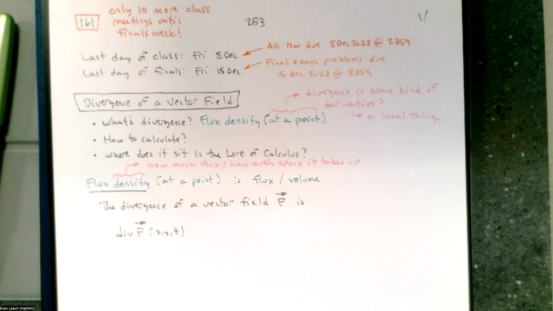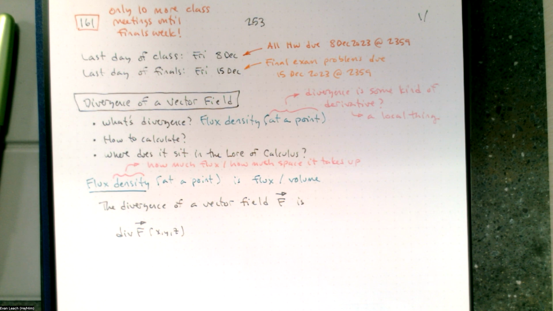So the divergence of a smooth vector field F, what we're going to do is take the flux flowing out of a sphere. That sphere is eventually going to shrink down to a point. This is like the slope calculation.